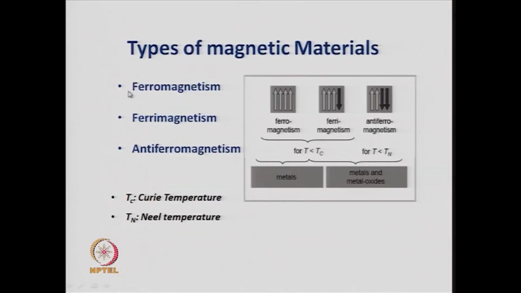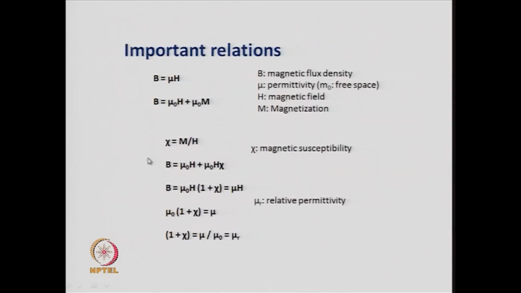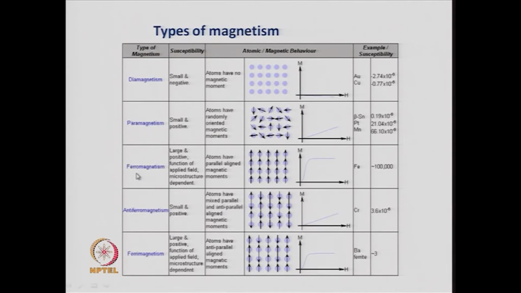Now, the three different types of materials which are of importance are ferromagnetism, ferrimagnetism and antiferromagnetism. We already discussed in the table that ferromagnetism has aligned magnetic moments. It has a large value of the magnetization and the susceptibility, and this magnetization is the maximum that it can reach at some particular field, and then it does not change.